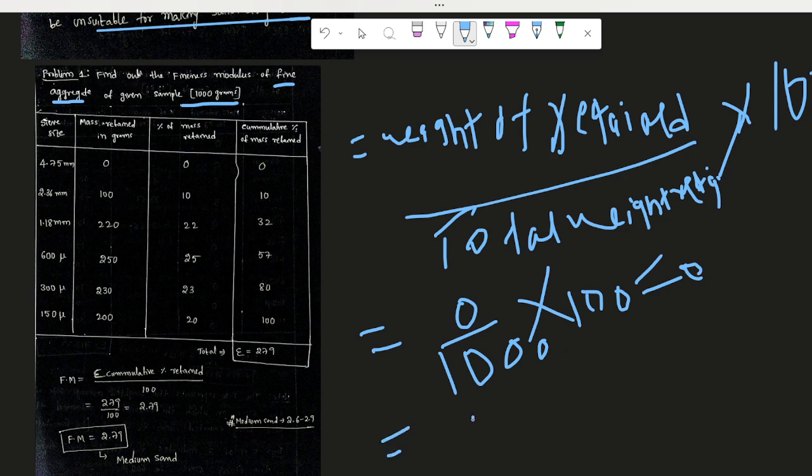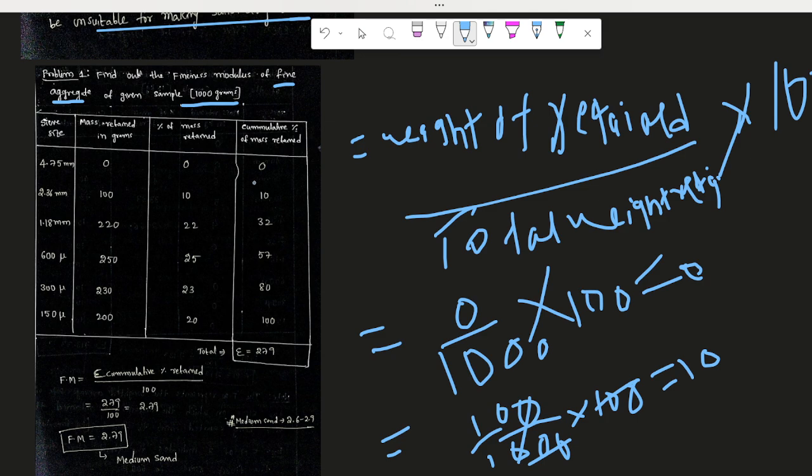Similarly, 100 by 1000 into 100 gives 10. Similarly we do all the values here, getting 10, then 22, 25, 23, 20.